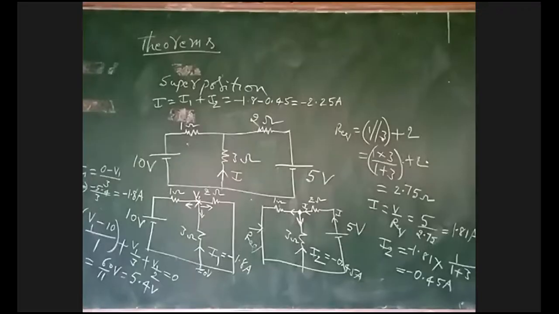So this is the current in 3 ohms. So by using the superposition theorem, we have determined the current in 3 ohms.